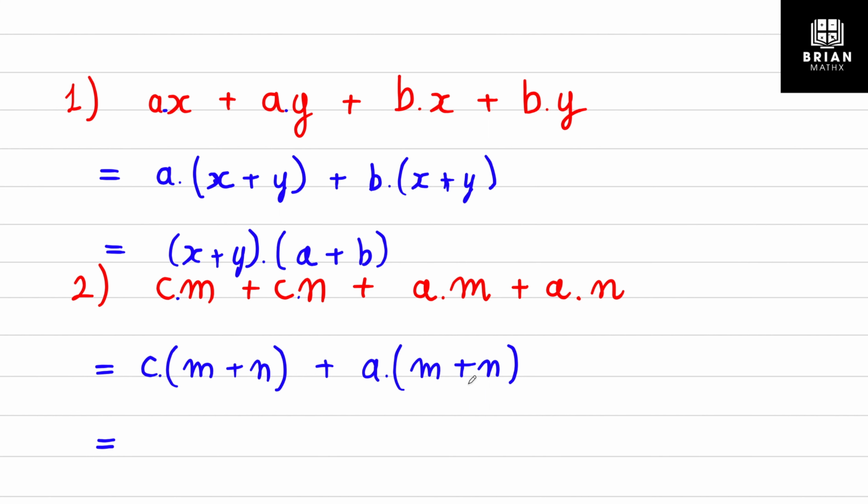So after these two steps, you have two terms left, and the common factor of these two terms is M plus N, the first bracket. I write out the common factor first, and then take the factor left. The first term has C left, and the second term has A left. So the second bracket is C plus A. So we finish question 2.